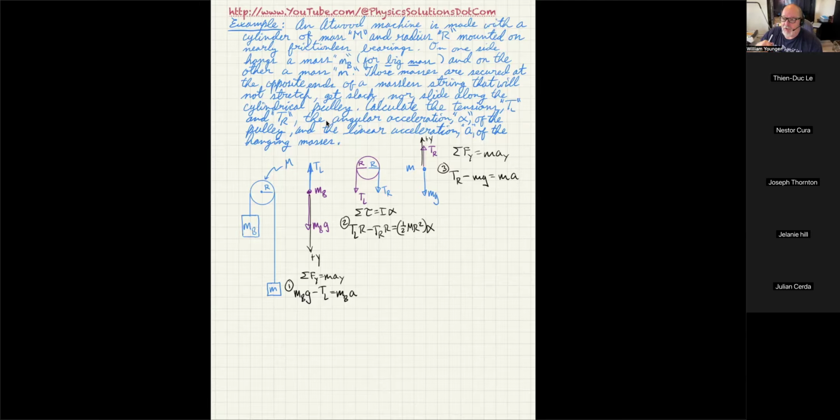That means the displacement of M_B is equal to the displacement of m, and it's related through s equals R times theta to the displacement of the circumference of the circle. Not only that, if I move it down 1 inch in 1 second, then it's going to move up 1 inch in 1 second. That means the velocity on the left is equal to the velocity on the right, and the velocity of the pulley is given by velocity equals the radius of the pulley times the angular velocity.